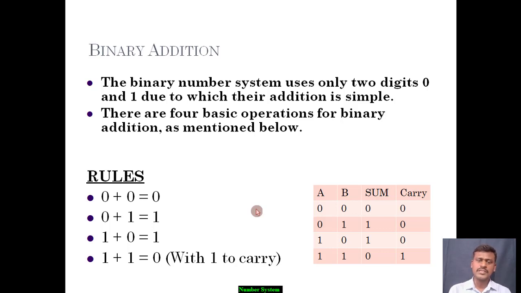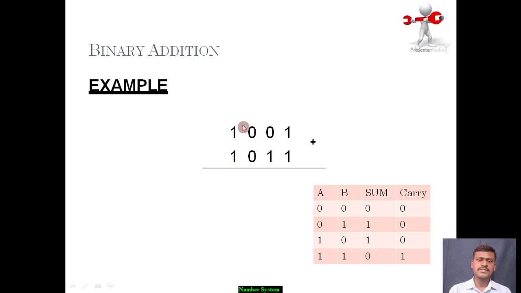So we will follow these rules to solve any binary number problem, right? Using one example, we will try to apply these rules. So we will move on to the example. The example is 1001 plus 1011, right?